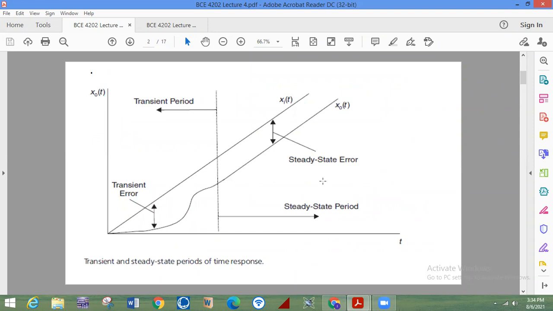As a control engineer, you must make sure that these errors are reduced, because to get the optimum output of your system, to get the maximum efficiency out of your system, these errors must be reduced. We shall see in the subsequent meetings how we reduce these errors.